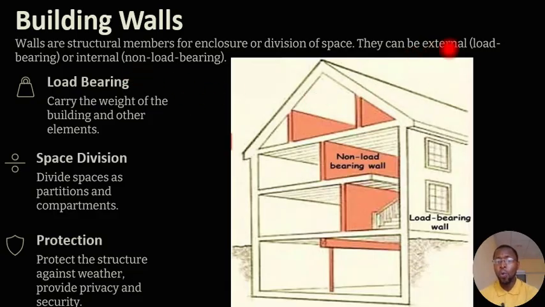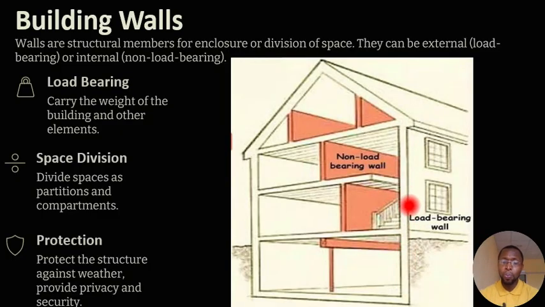The external walls are known as the load-bearing walls. They are called load-bearing walls because they bear the load of the building, in the sense that if that wall should collapse, that building will collapse. This is an example of an external wall that is load bearing, because the roof of the building is resting on it, and it's also built on the foundation of the building.